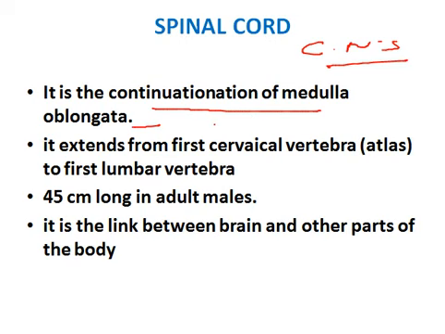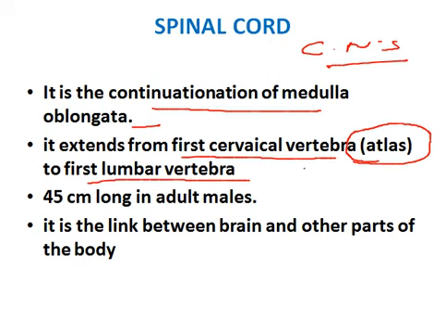It extends from the first cervical vertebra. The name of the first cervical vertebra is atlas. Sometimes a question may ask. Spinal cord starts from first cervical vertebra and ends in first lumbar vertebra. Okay, so C1 to L1.